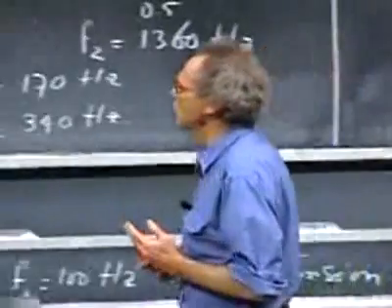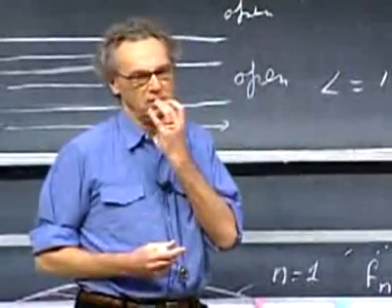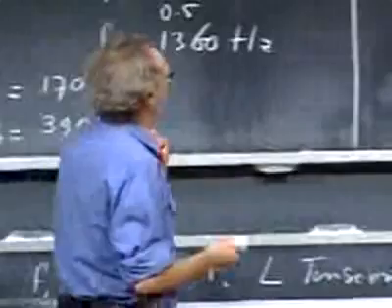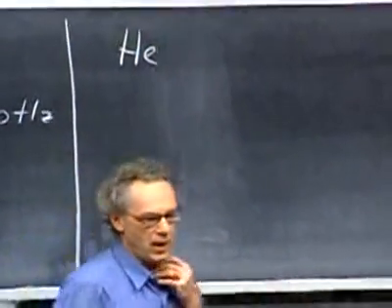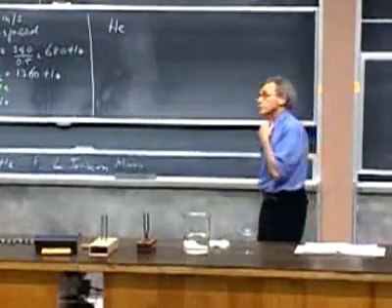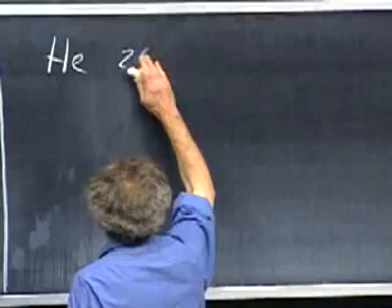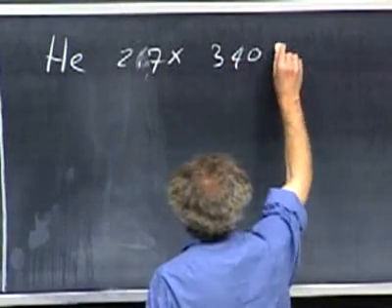The situation would change if I could change the speed of sound in my system. And helium, which has a very different molecular weight from air, has a way higher speed of sound than in air. It's about 2.7 times higher, 2.7 times 340 meters per second.